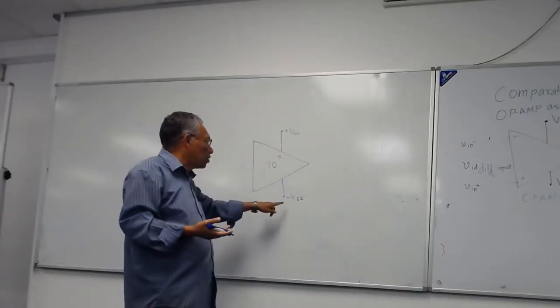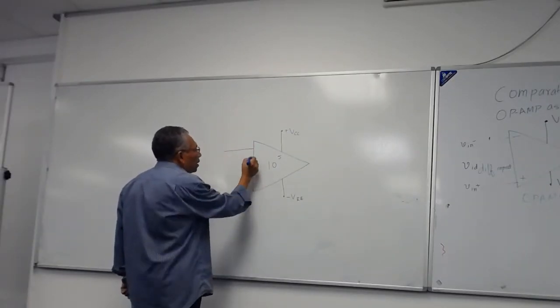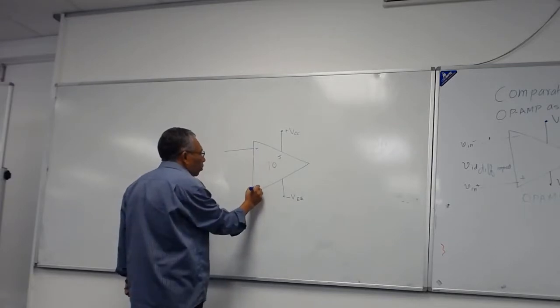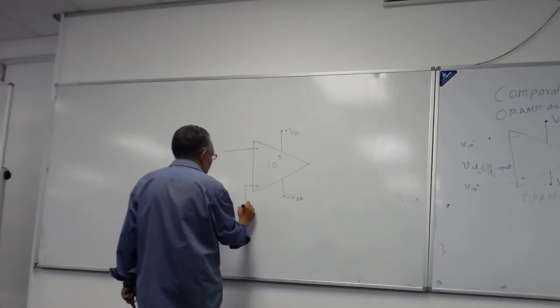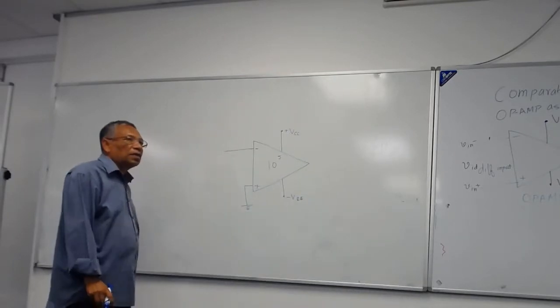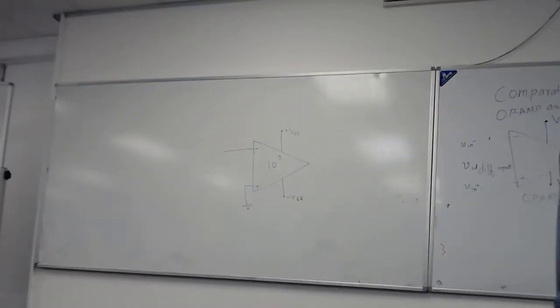Okay, so now say this is the negative terminal and this is the positive terminal, and you connect the positive terminal to ground. Why is it CC and EE and not just C and E? That's a good question. It has been traditionally like that. If you say just VC, it will mean just the voltage of a collector.